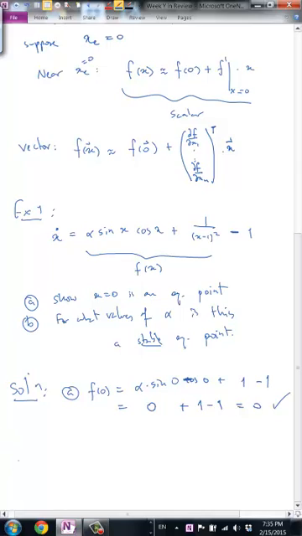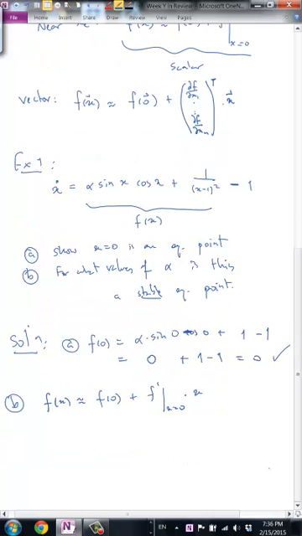So now let's linearize. This is scalar, so to linearize I have f of x is approximately equal to f of 0, which we just saw is 0, plus f prime evaluated at x equals 0 times x. So I need to find the derivative and evaluate that at 0. Let me make that even more clear: this is not x dot, this is the derivative of f with respect to x.